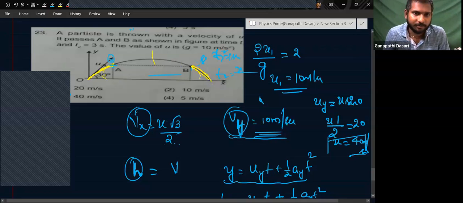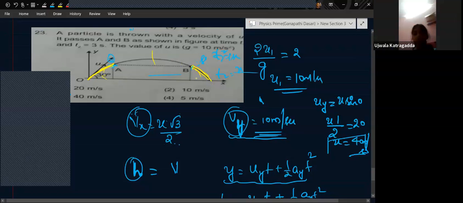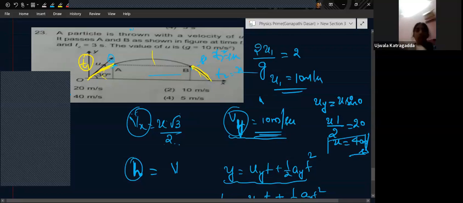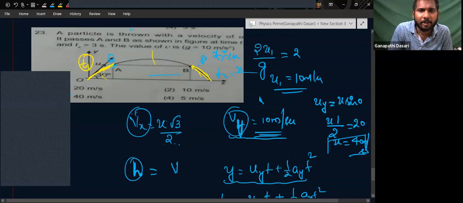What we conclude from this is, let the time from O to A be T1, and the time from O to B be T2.